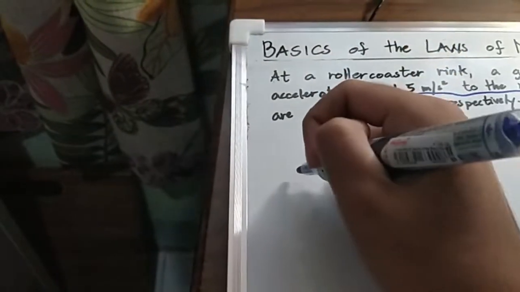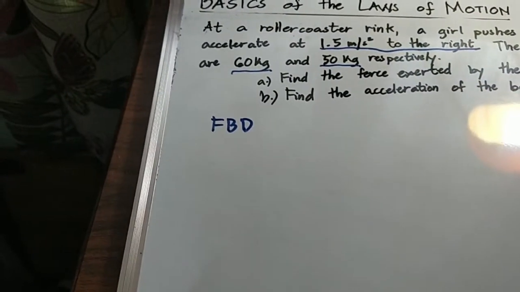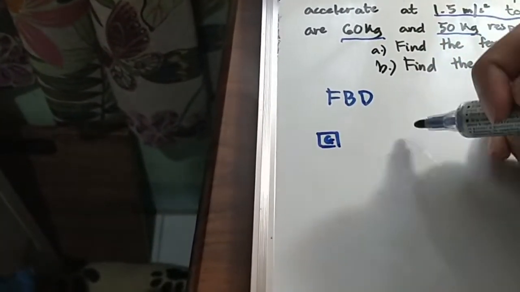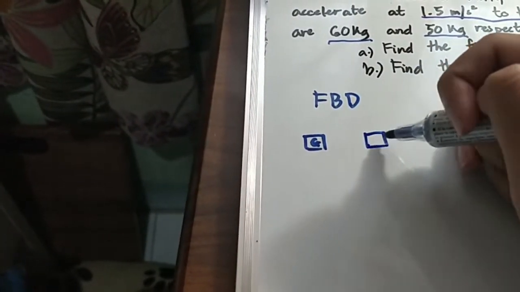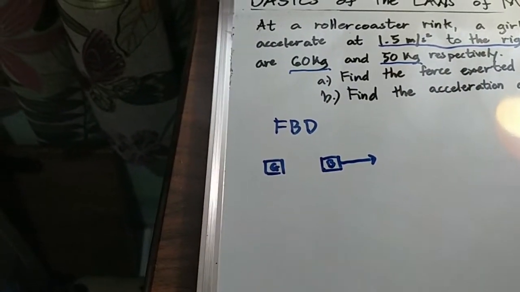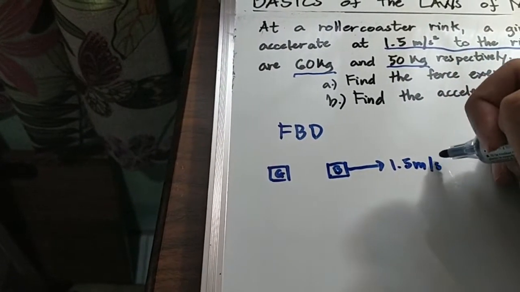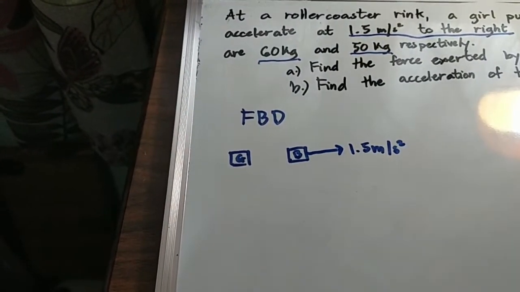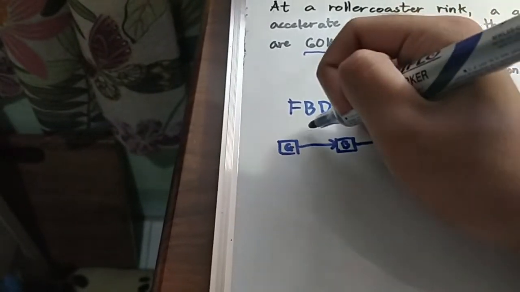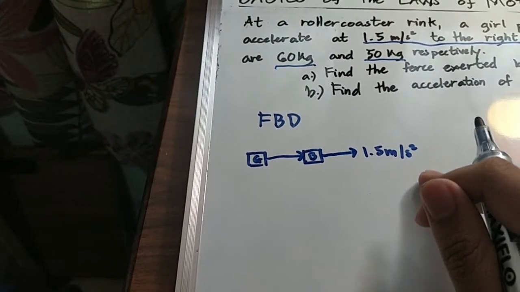And first is to make a free body diagram. So, may girl daw na pinush yung boy to the right, na nagcause sa kanya na mag-accelerate ng 1.5 meters per second squared. So, hahanapin natin ngayon yung pagka-push niya sa boy, kaya nag-cause sa kanya ng 1.5 meters per second squared.